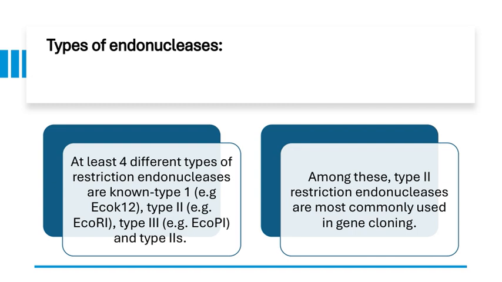Then there are also site-specific endonucleases used in various DNA editing applications. Understanding these different types helps us appreciate how versatile and powerful enzymatic tools are in manipulating genetic material. This knowledge connects directly to the broader theme of how we can precisely modify DNA for research and medical purposes.